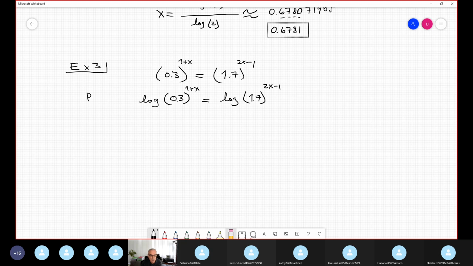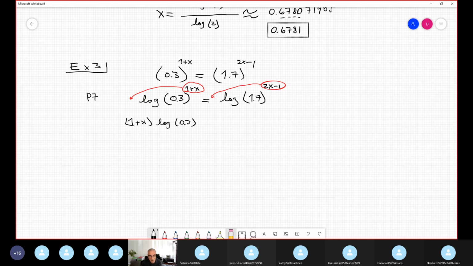In this case you apply property number 7 twice. So this expression, 1 plus x, goes to the front. And this expression, 2x minus 1, goes to the front. Then you write (1 plus x), parenthesis, log of 0.3. It's important to use the parentheses.